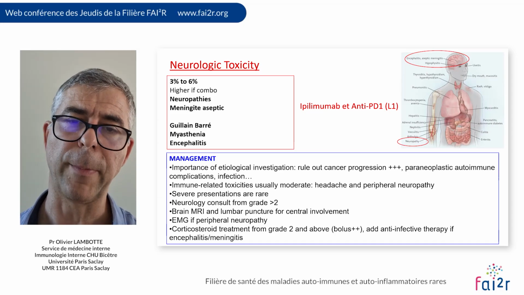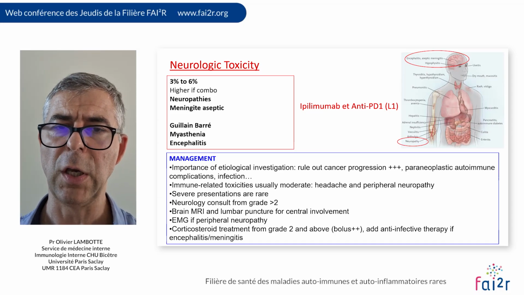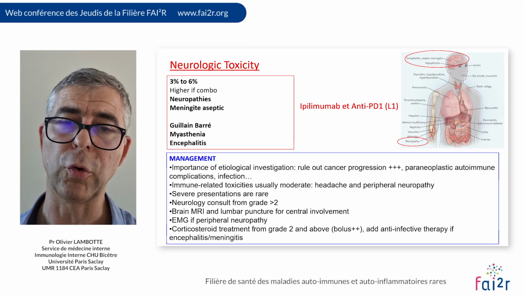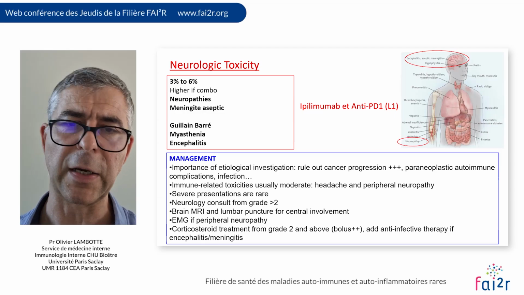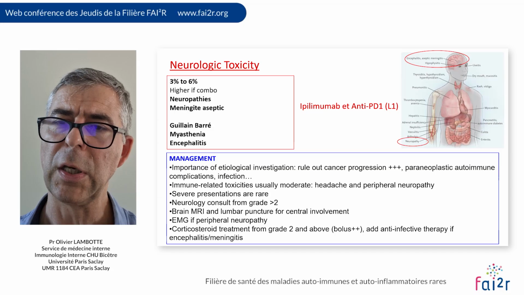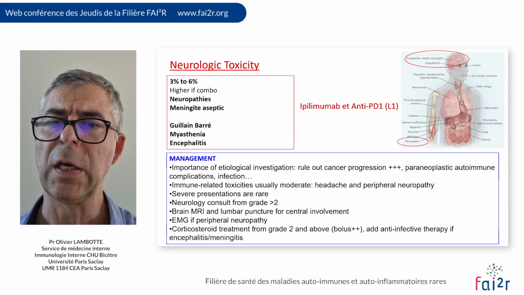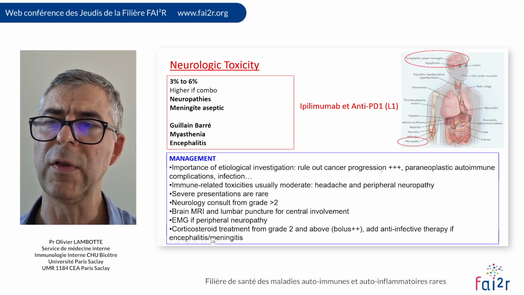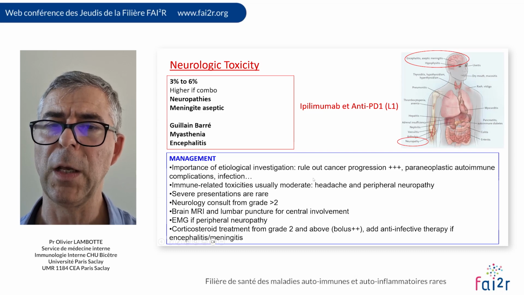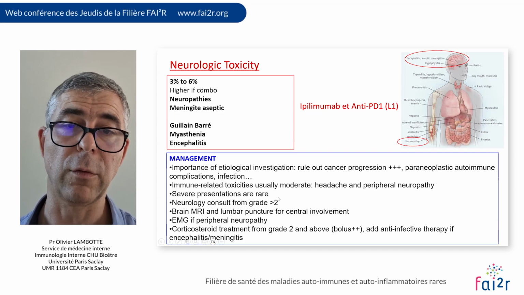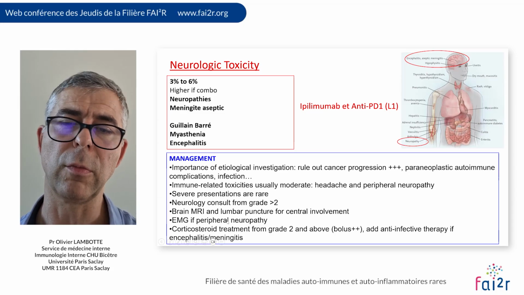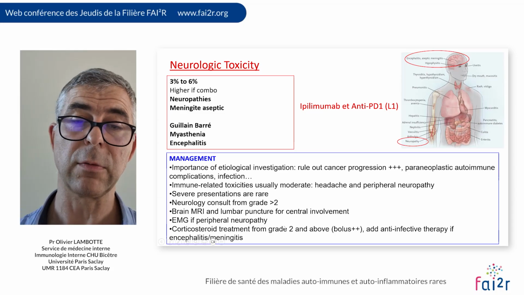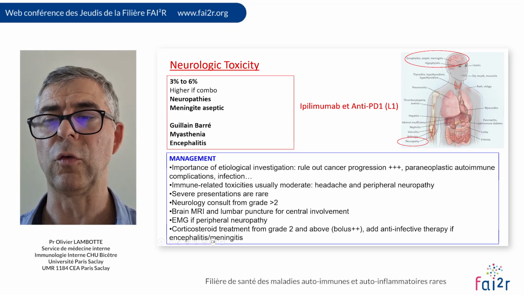You have to rule out paraneoplastic syndrome, especially with autoreactive antibodies, which target the neurons or the synaptic proteins. So clearly, this point is very, very important. Track paraneoplastic syndrome and cancer progression. After saying that, you perform your work as usual: MRI, lumbar puncture, electromyogram, and steroids as soon as you have grade 2 and above.